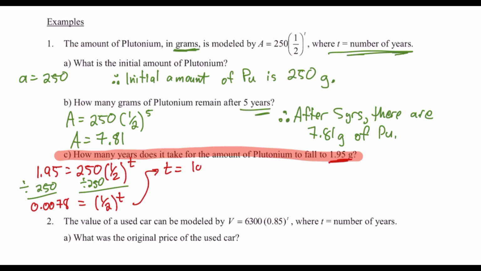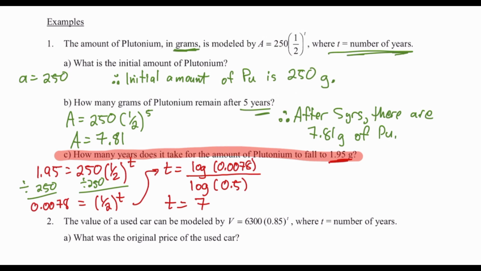T equals log of the number on the left, 0.0078. And you do have a log button on your calculator, so you can do this calculation if you wish. I'm actually going to convert that to a decimal just to be consistent, but it doesn't really matter. All right, and t is going to equal, let's find out. So logarithm of answer divided by logarithm 0.5.